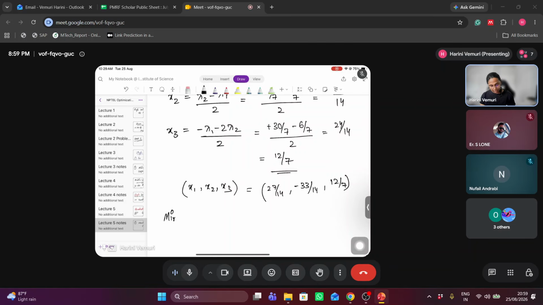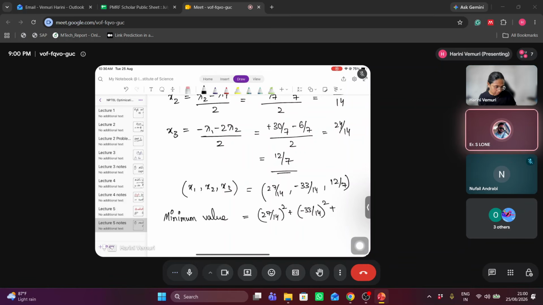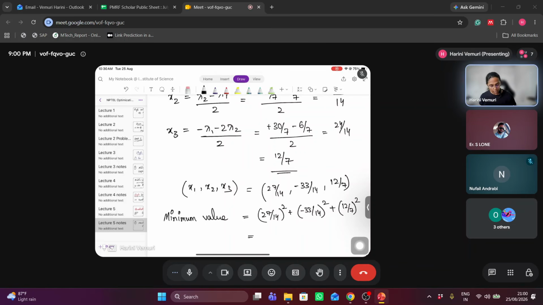They have already given a minimization problem, and the minimum value is, we have to substitute this in the function, x1 square plus x2 square plus x3 square. So that's approximately, you will get like 12.21.